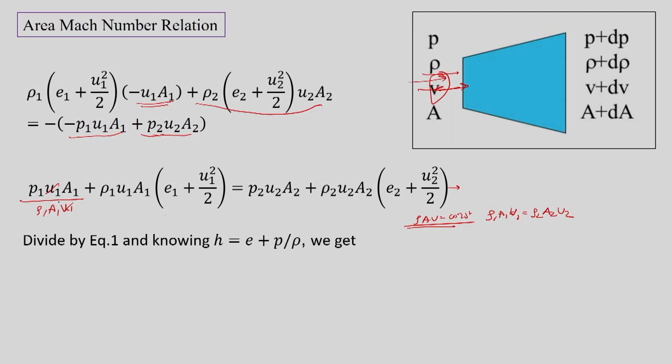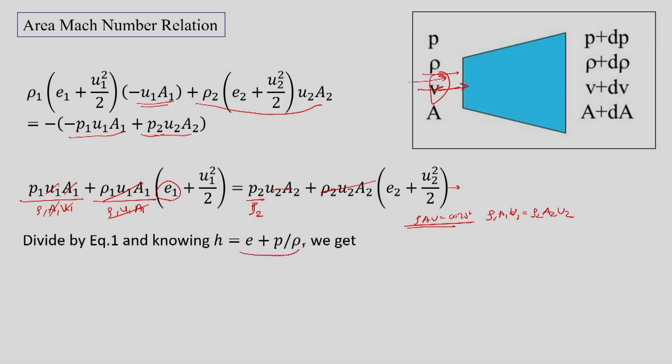The u1 and A1 get cancelled, and the rho 1 u1 A1 term is cancelled. Similarly for the outlet. So we have P1 upon rho 1 plus e1.